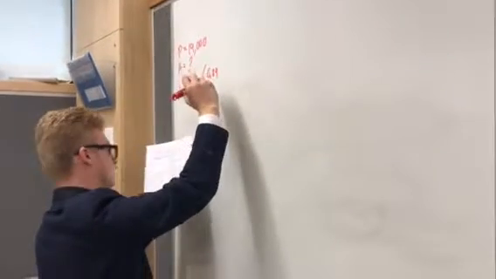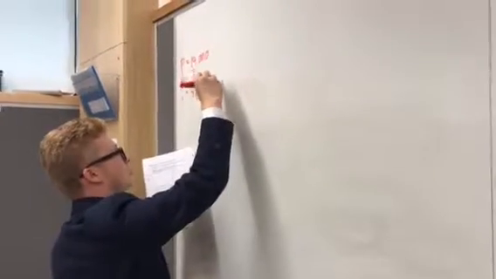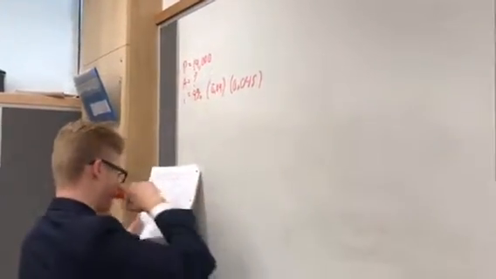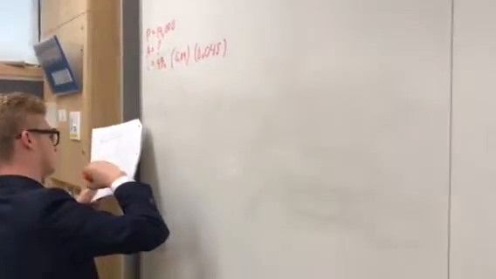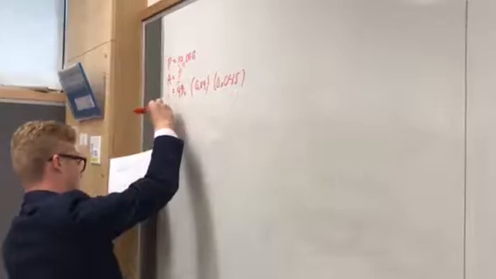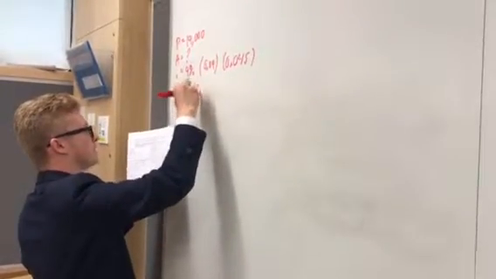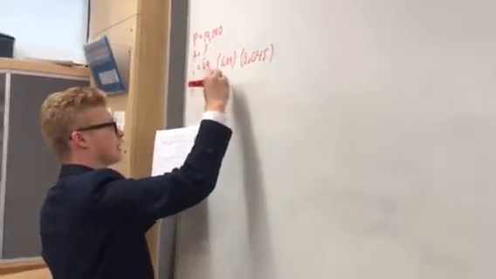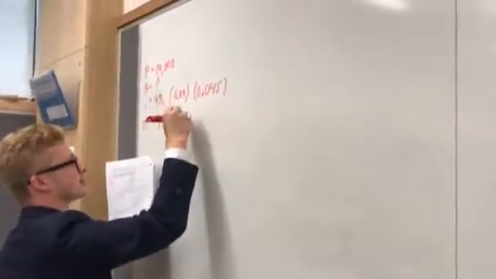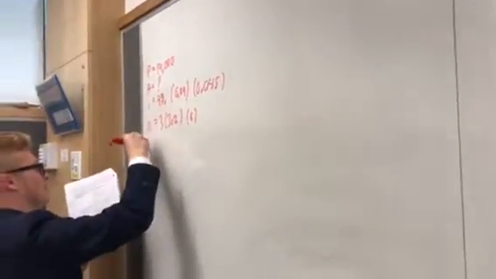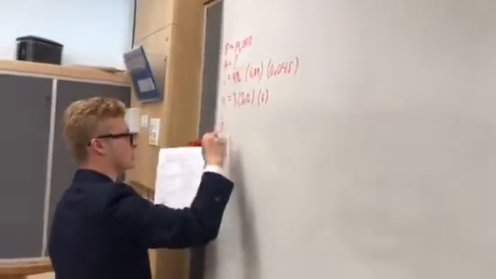Then you have to get it even lower, so that one will become 0.045. Then N equals 3, but since it's semi-annually, you have to do 3 times 2, which gets you 6. Just bring that down to keep it simple: N equals 6.